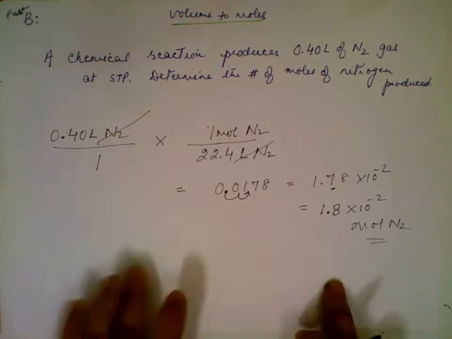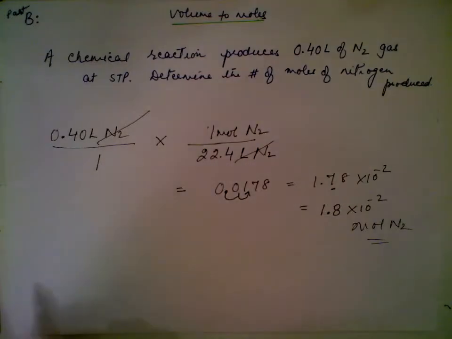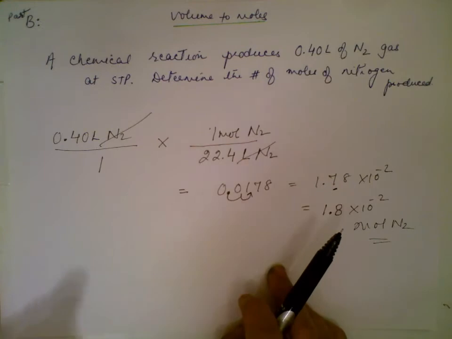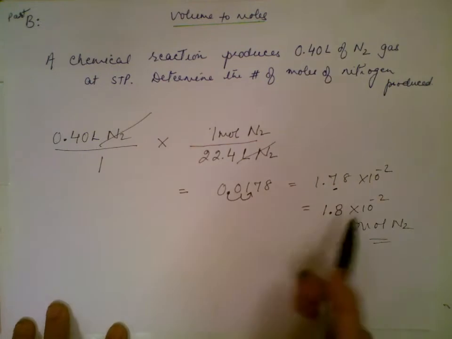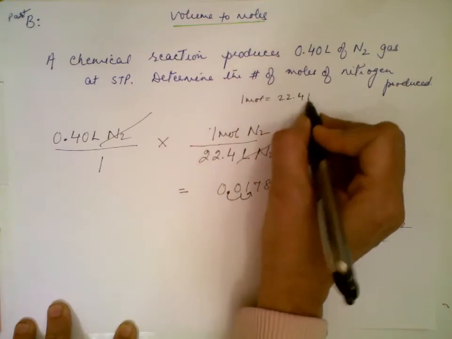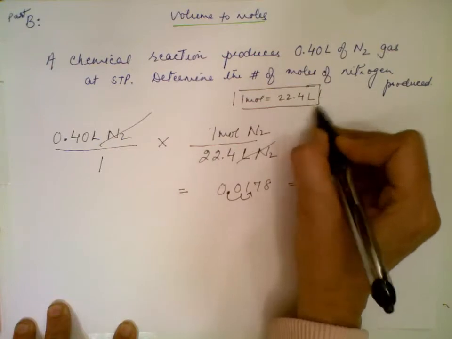Did you notice that 22.4 liters is a very important number to know when you're converting between moles of gas and volume of gas. And again, guys, this 1 mole equals 22.4 liters is true only for gases at STP.